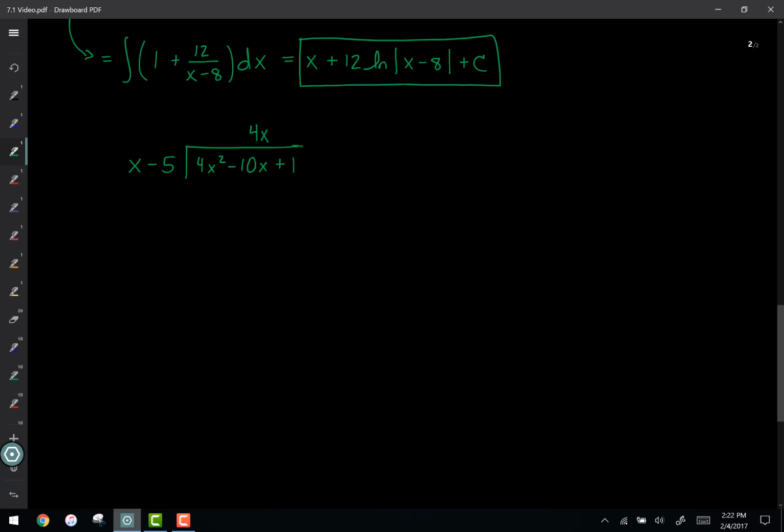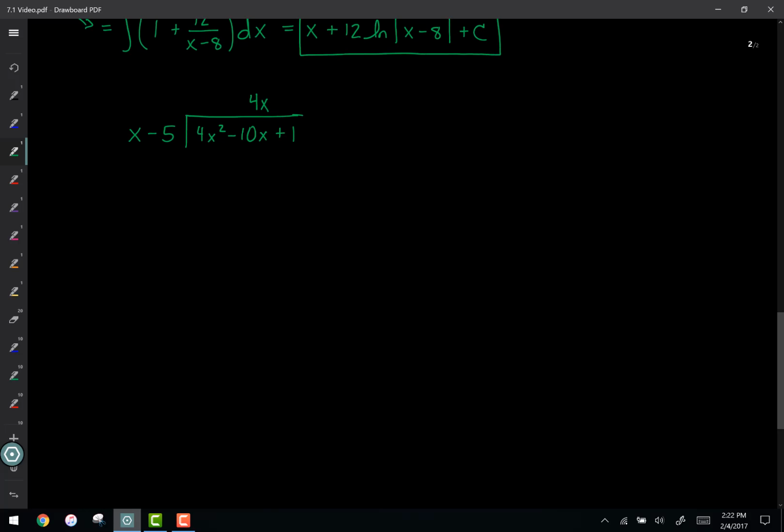So distribute the 4x into the x minus 5. We'll get 4x squared minus 20x. And then subtract off the whole thing. So always remember these parentheses here because the negative has to distribute. You get 4x squared minus 4x squared, those drop out. Negative 10x plus 20x is a positive 10x.